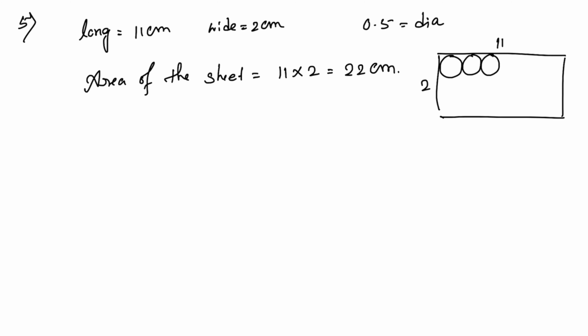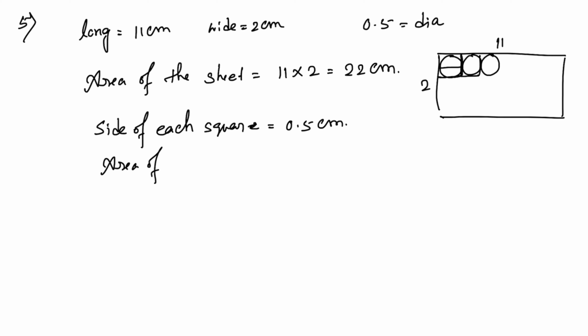As the diameter is 0.5, you can consider this one a square, and the side of that square is 0.5 centimeter. So the area of each square equals 0.5 into 0.5 centimeter square.